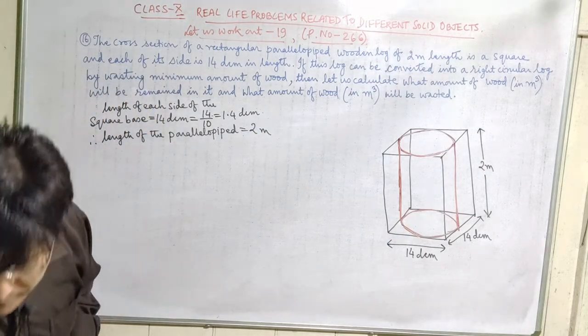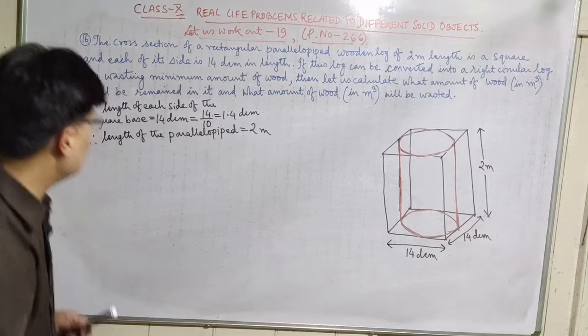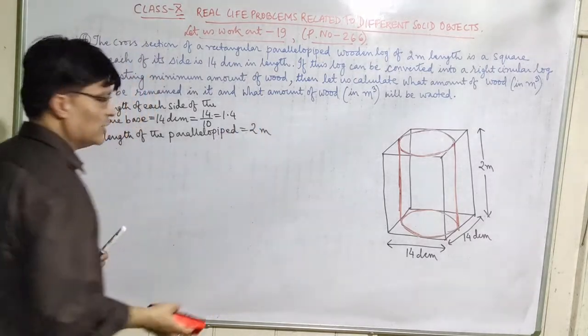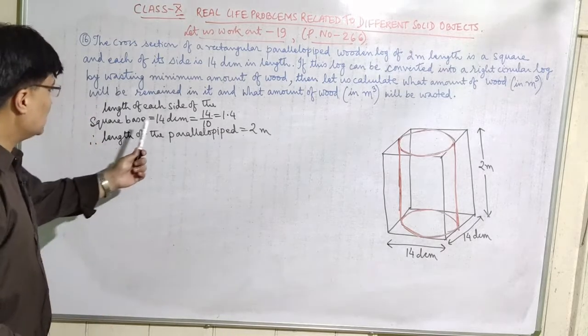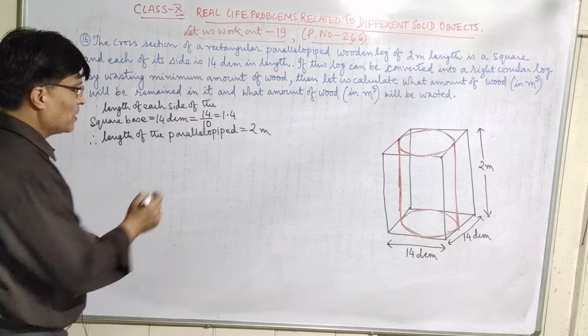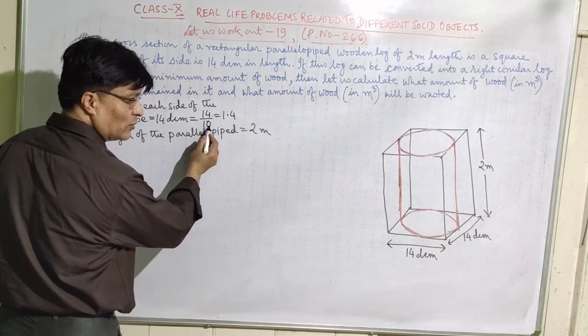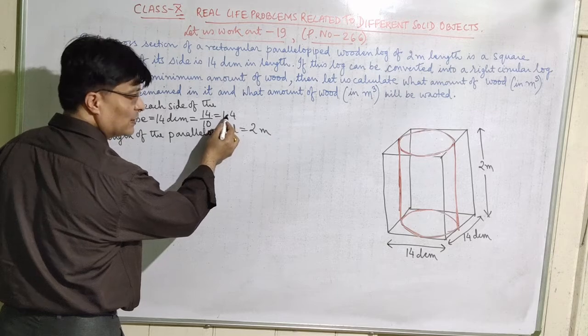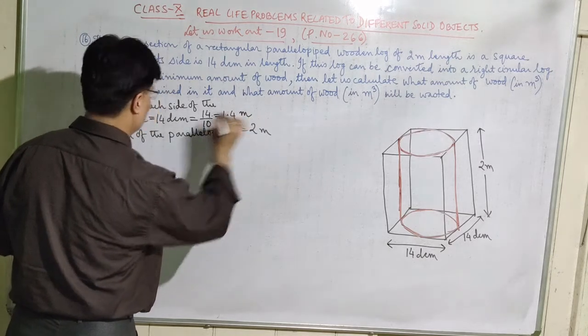Sorry, this one is meter, not decimeter. If you divide 14 decimeter by 10, it is converted into meter. After 1 there is 0. You have to write down the decimal point before one figure from the end. That is 1.4, so it is meter.